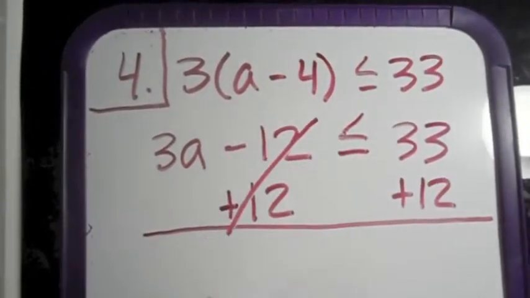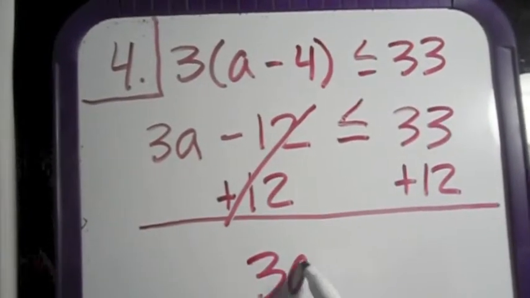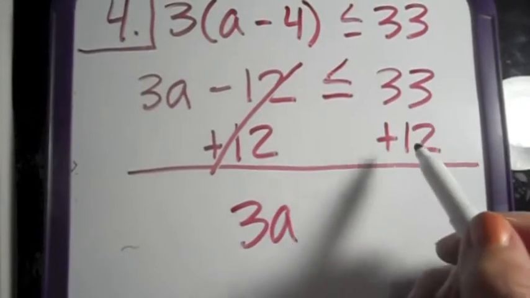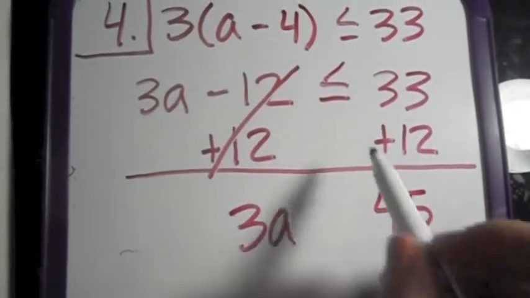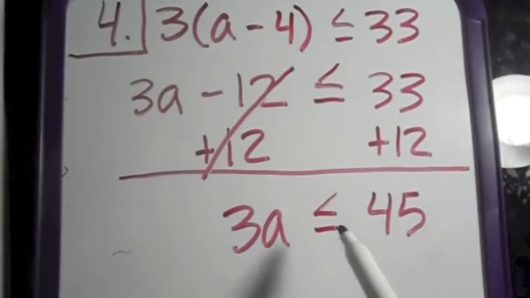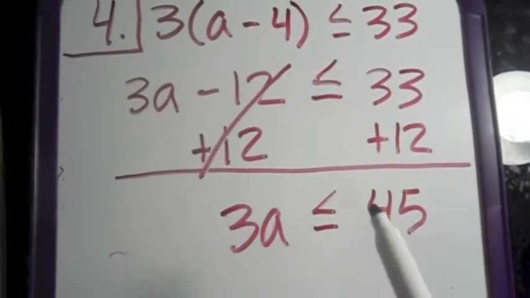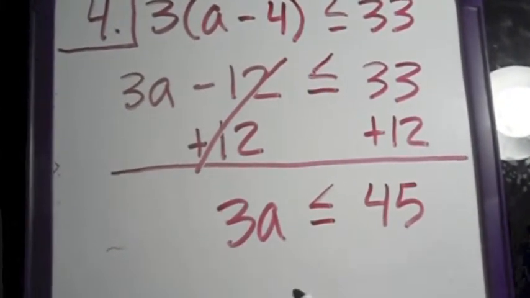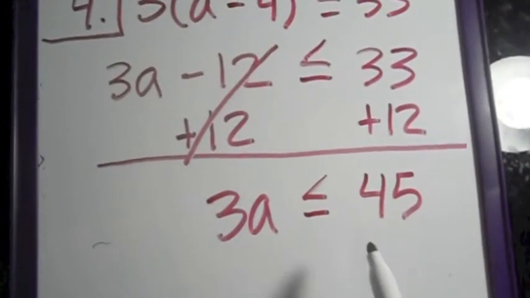These 12s are going to cancel. 3a is left by itself. 33 plus 12 is 45. And we're going to keep the symbol the same. Remember, we only flip the inequality symbol whenever we multiply or divide by a negative number. Now all we did was add 12, so we don't need to worry.